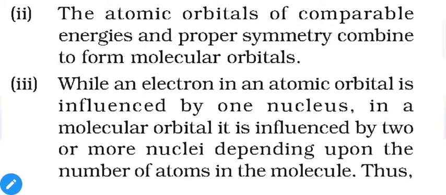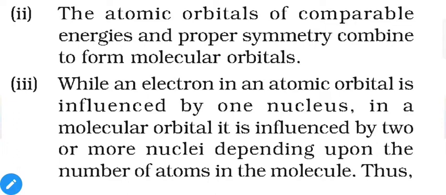Third point, while the electron in an atomic orbital is influenced by one nucleus, in a molecular orbital it is influenced by two or more nuclei depending upon the number of atoms in the molecule. That means in an atom we only have one nucleus, so the electron feels attraction or repulsion towards that single nucleus only. But in a molecule we have more than one atom, sometimes 2, 3, 4, 5 and so on.